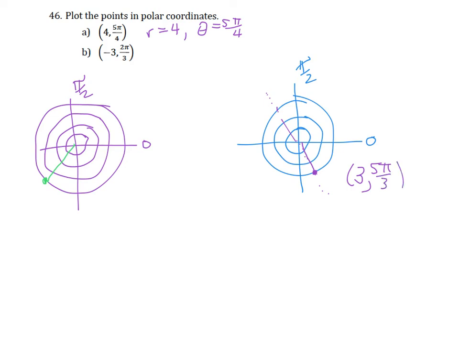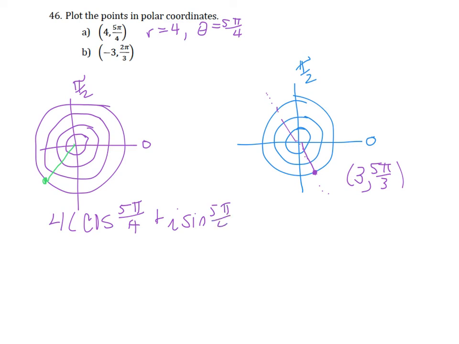location. Okay. Now, let's just talk about how we would write that in complex form, because that's something we have done in the past, and you may not have seen a representation of a polar like that. For 5 pi over 4, that would be 4 times the cosine of 5 pi over 4 plus I times the sine of 5 pi over 4.